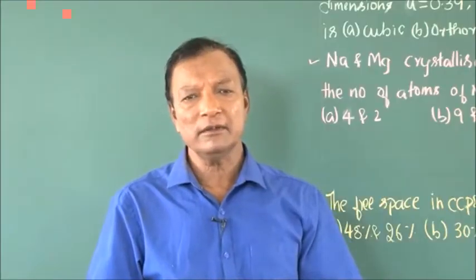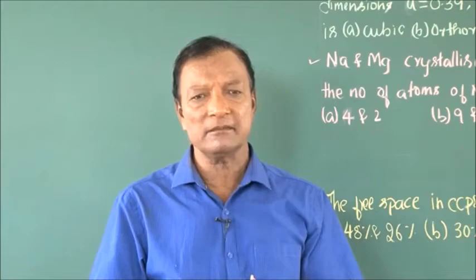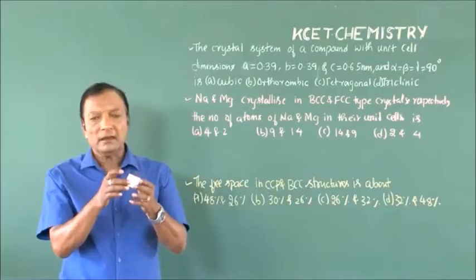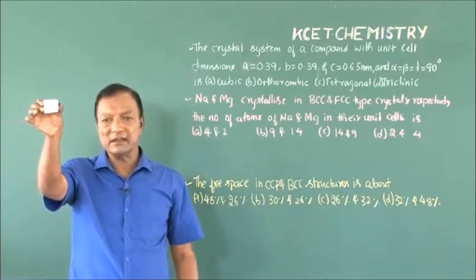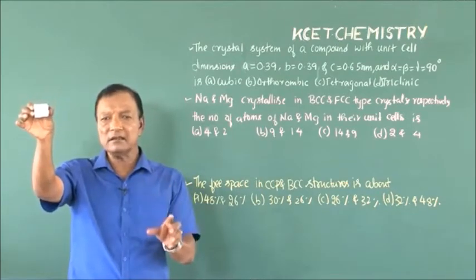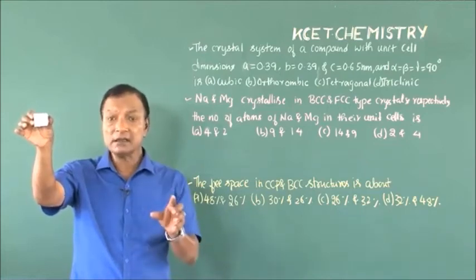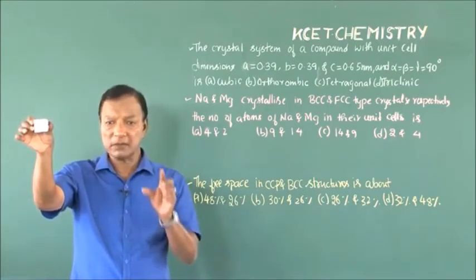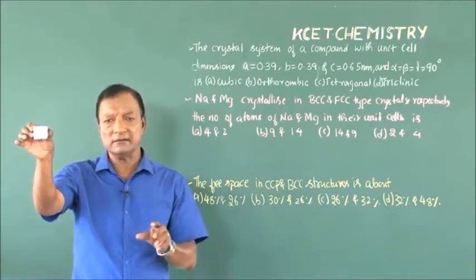So first of all, what is meant by a, what is meant by b, and what is meant by c. About the unit cells, the dimensions for the unit cell, we can see here, it carries the length, it carries the breadth, it carries the height. Length is given with a, breadth is given with b, and height is given with c.